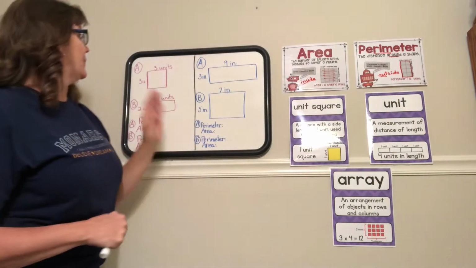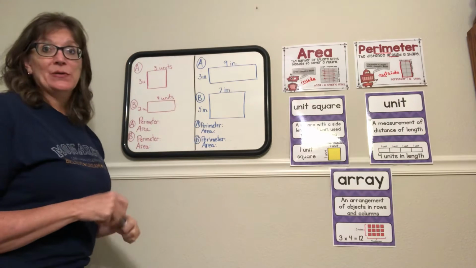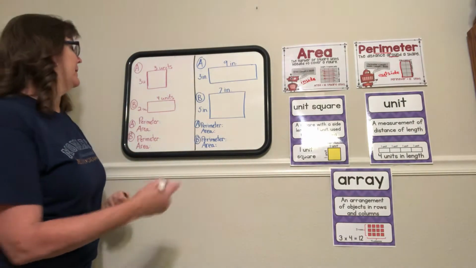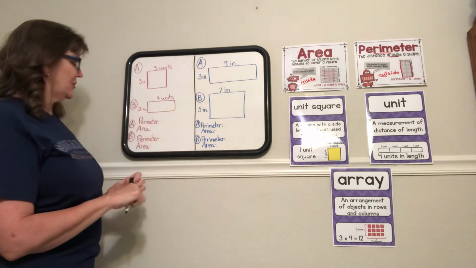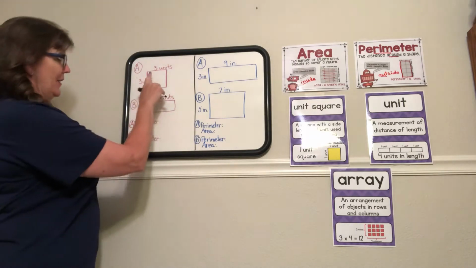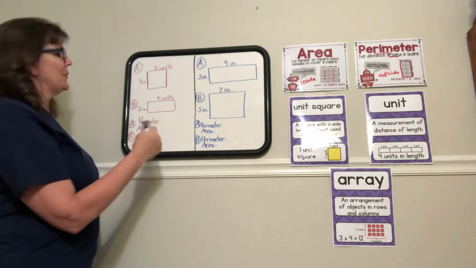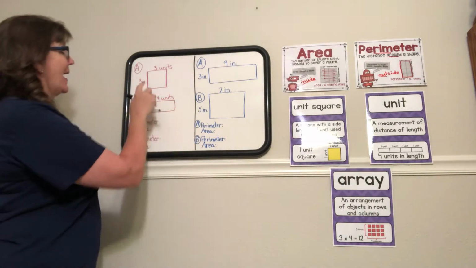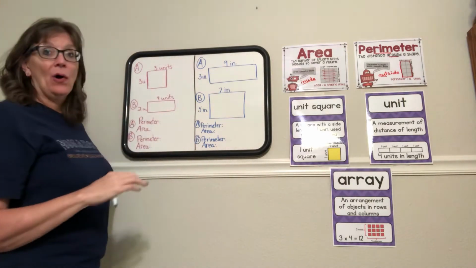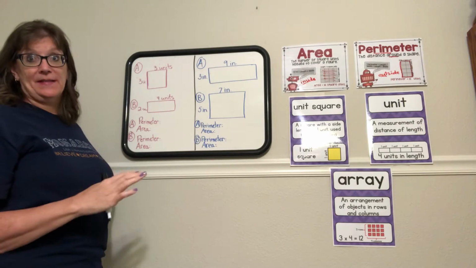Okay, so I have two different problems that we're going to work together on the board. My first shape has 3 units and 3 units. So if I want to find the perimeter, I need to add up all 4 of the sides.